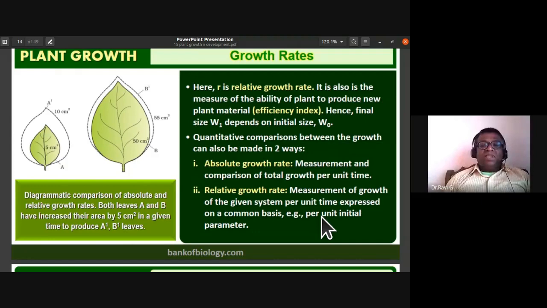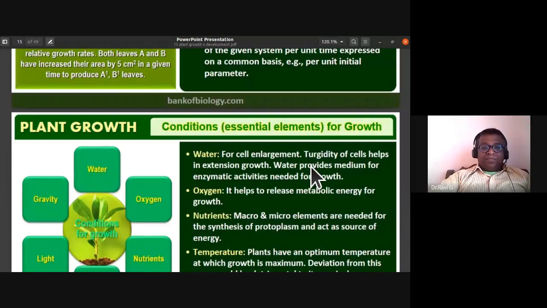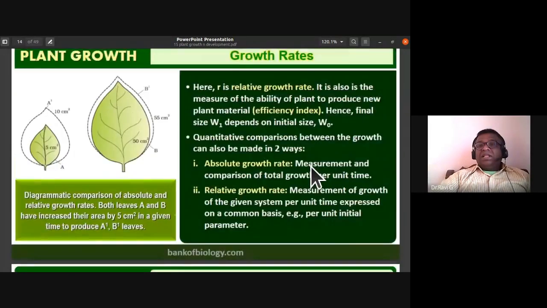Partial growth we are having here per unit time expressed on a common basis, for example, per unit initial growth. So that is the growth rates. It is the ability of the plant to produce new plant material. We also call the growth rate the efficiency index. So final size W1 depends on initial size W0.